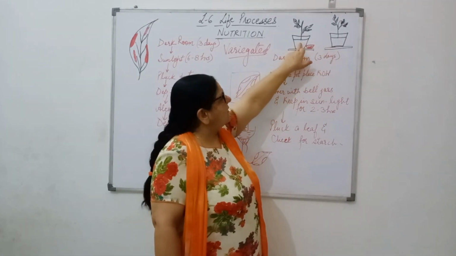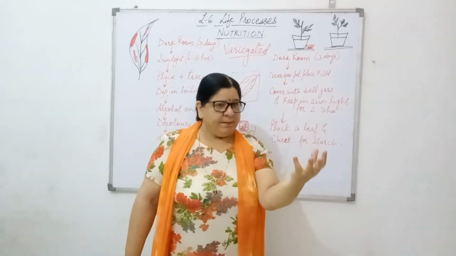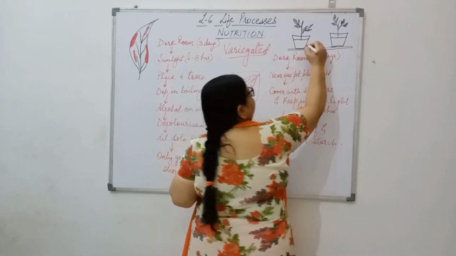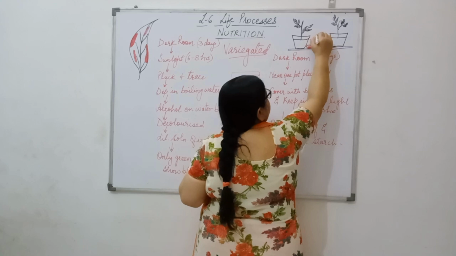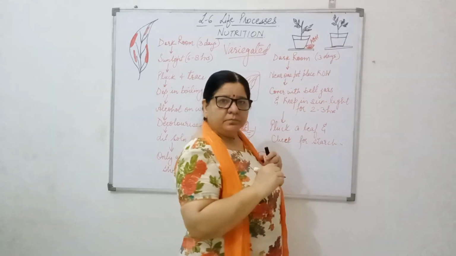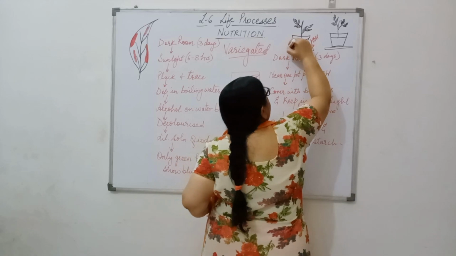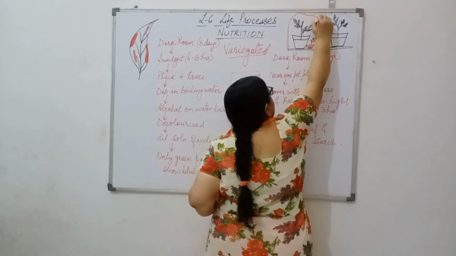And near one of the potted plants, we will put a plate or a bowl which is having KOH, that is potassium hydroxide, in it. Right? And then we will put a glass bell jar over it.